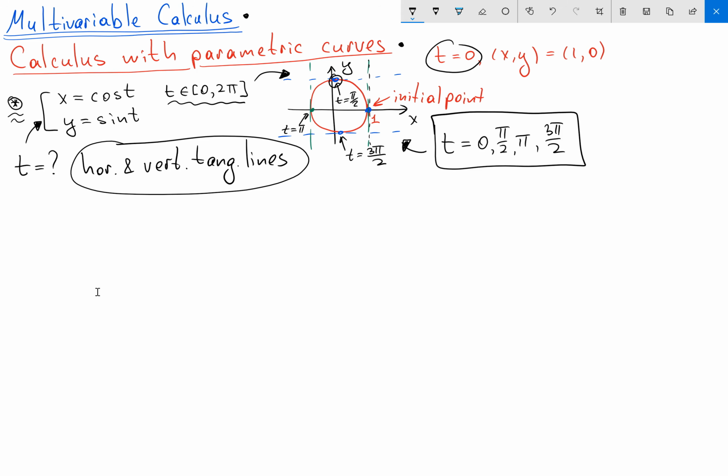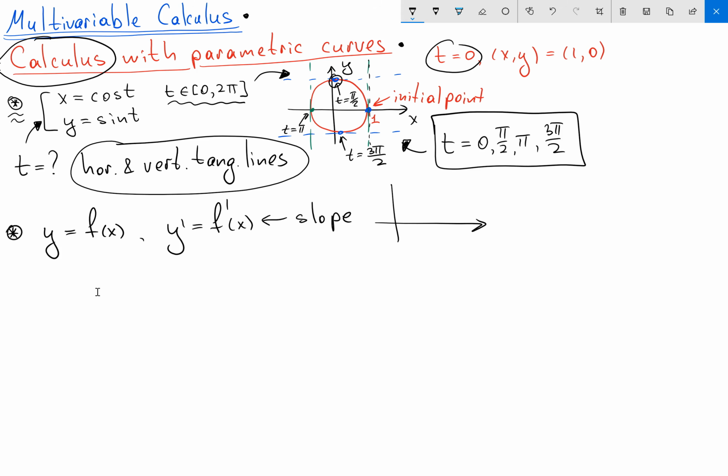But let's say we're given another, more difficult parametric equation. How are we going to do this in this case? In this case, we're going to use calculus. So let's redo this problem by using calculus with parametric curves. We know from single variable calculus that when y equals f of x, the derivative f prime of x is exactly going to be the slope in our graph.